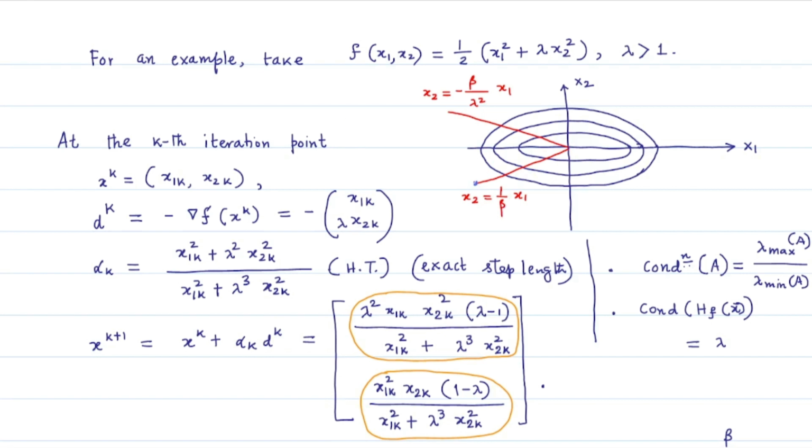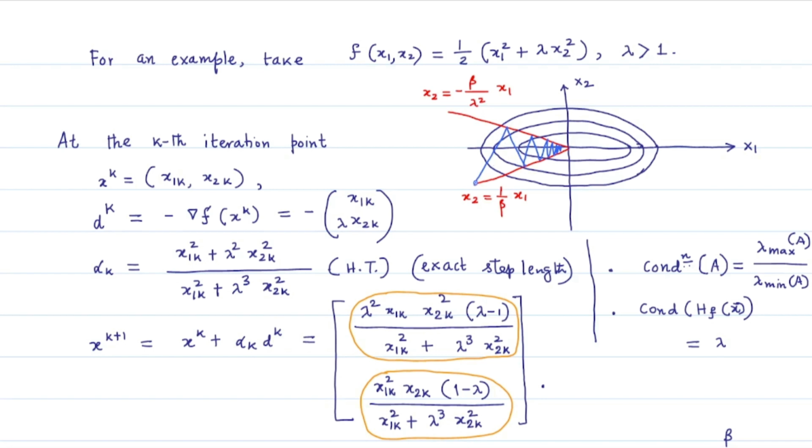Then if we would have started the initial iterate from this point, say, then the next iterative point will be on this line. Afterwards, the next iterative point will be on this line. Then by following a zigzagging path, the sequence of iterates will slowly reach a stationary point of the function. Although my drawing is not perfect, in this zigzagging phenomenon the consecutive directions are perpendicular to each other.